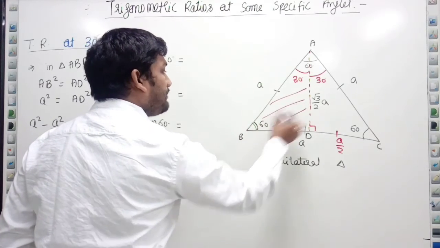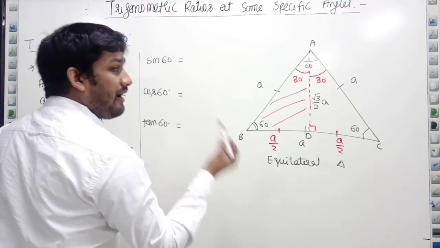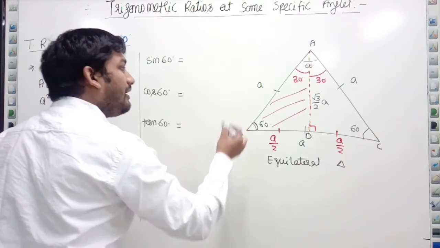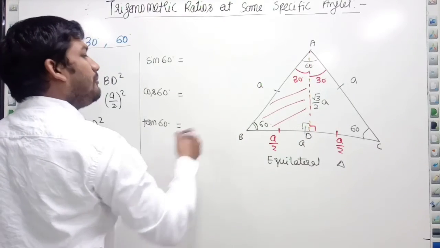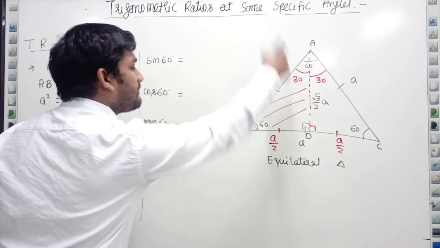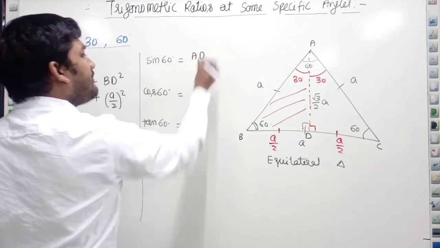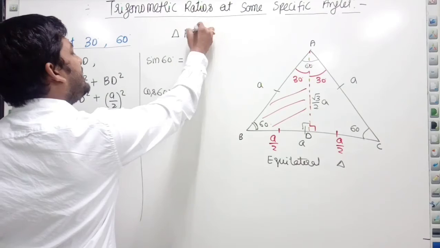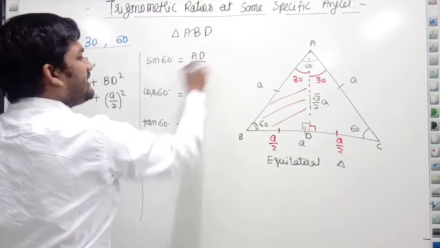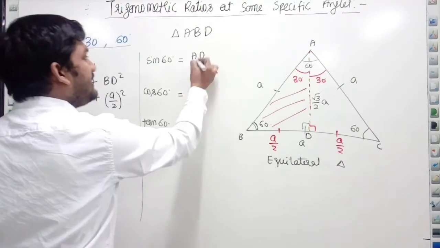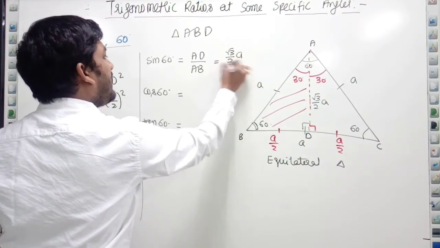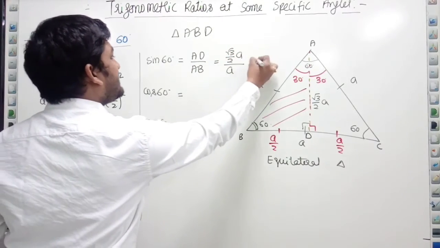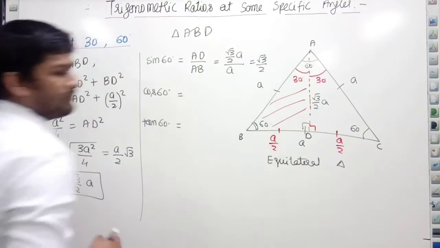Side opposite to the angle upon side opposite to the right angle, means perpendicular upon hypotenuse. Perpendicular is AD. I am talking about triangle ABD. Perpendicular is AD, hypotenuse is AB. √3/2 a upon a, that is equal to √3/2.